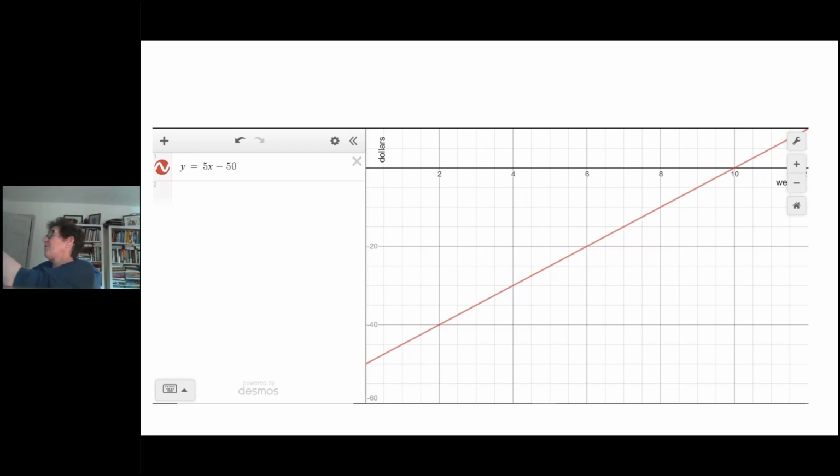So thinking about this point, where our slope is 5 and our y-intercept is negative 50, and I substitute in the point (0, negative 45), this is what I would get.